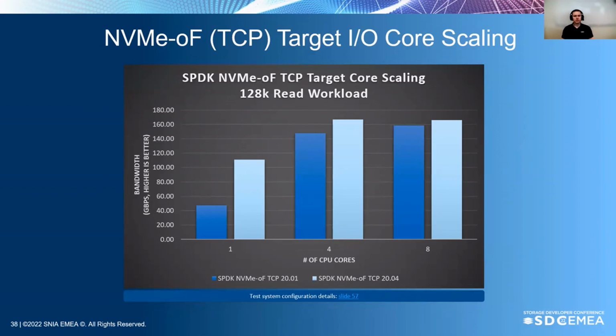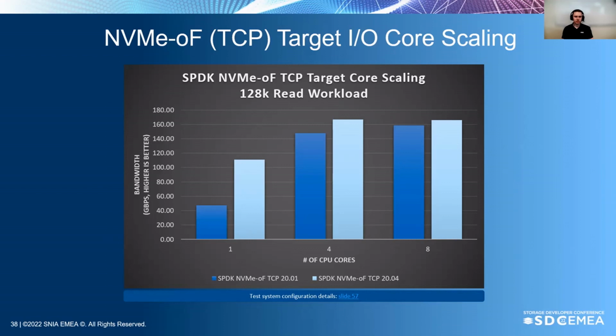For the workloads using large block size, like 128 kilobytes, just a few cores are enough to saturate the 200 gigabit network link. And in most cases we have tested, just a single core is more than enough to serve 100 gigabits of network traffic.